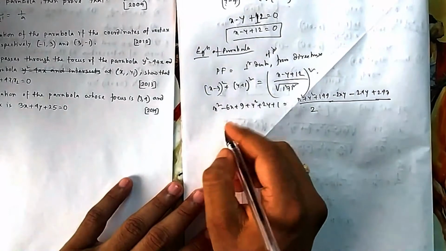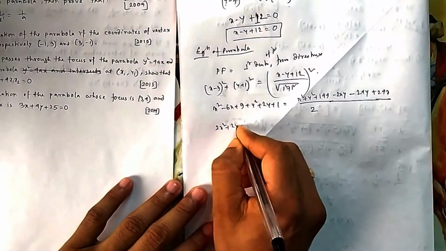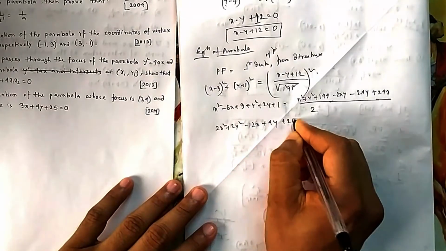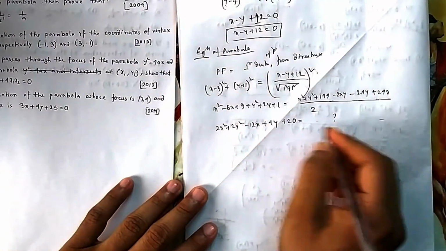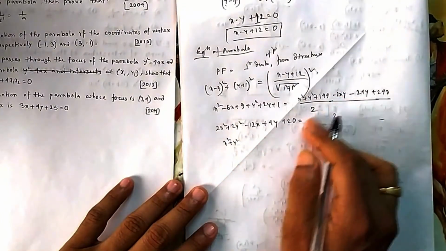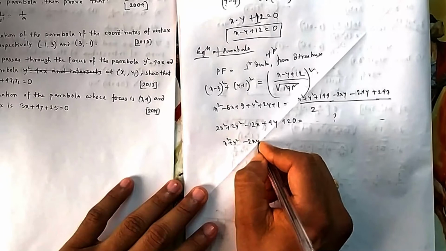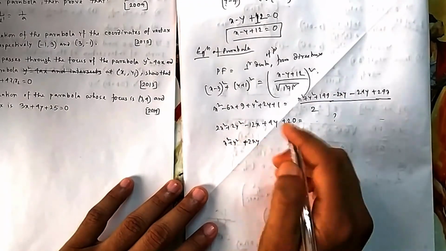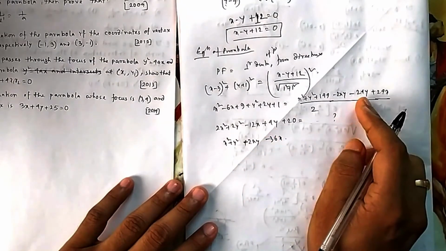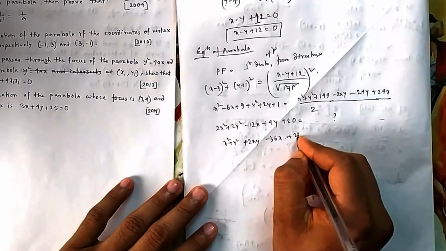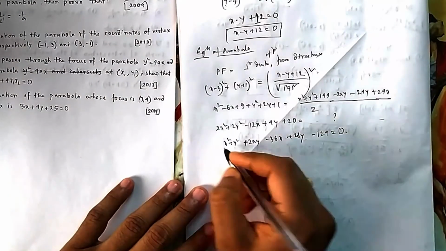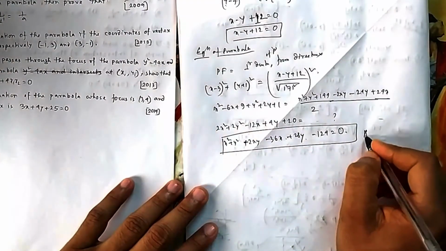So if you cross multiply, it will be 2x square plus 2y square minus 12x plus 4y plus 20 is equal to the right side. If you bring it to one side, x square plus y square, minus 2xy plus 2xy, it will become minus 12x, 24x will also come, so minus 36x, and 24y also comes, plus 28y, and 144 minus 124 equal to 0. So this should be the answer, if my calculation is correct.